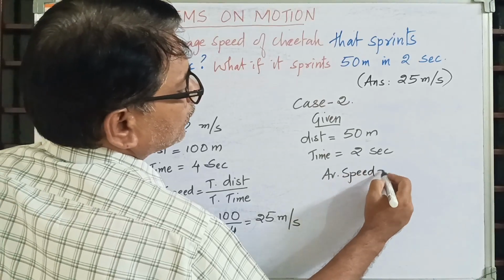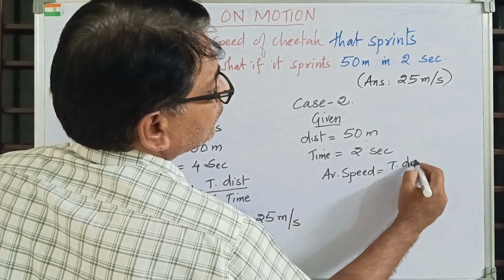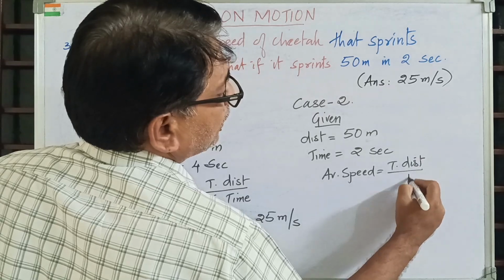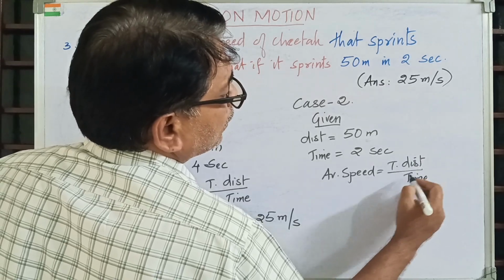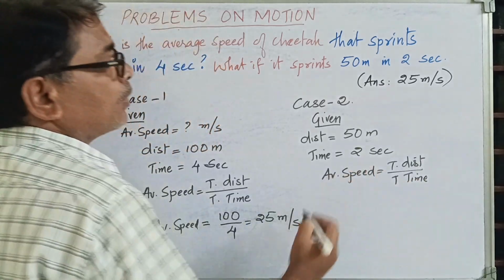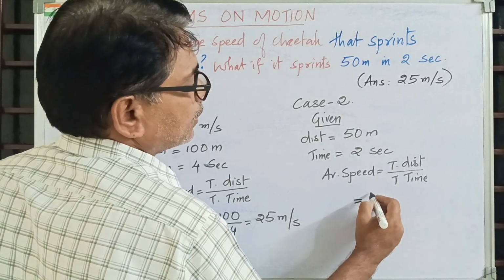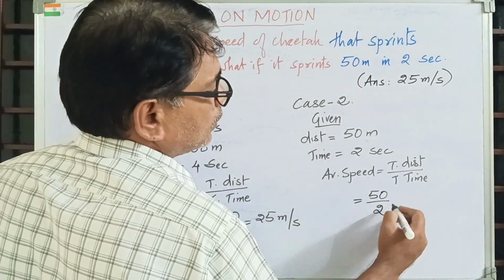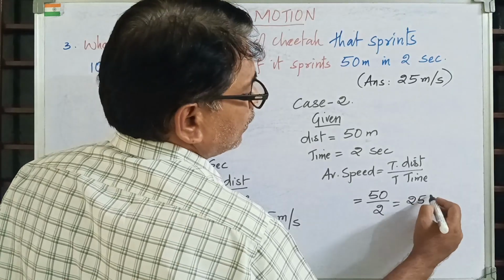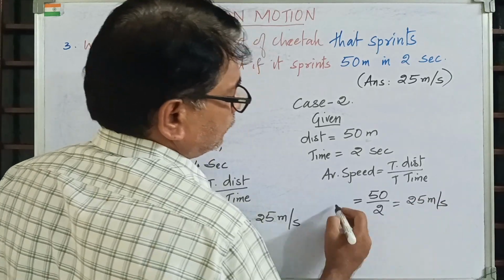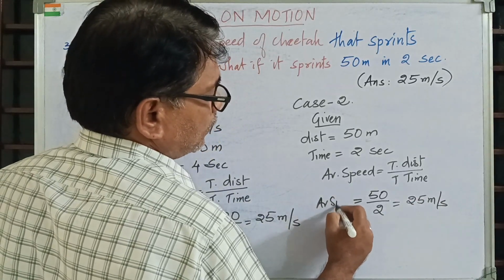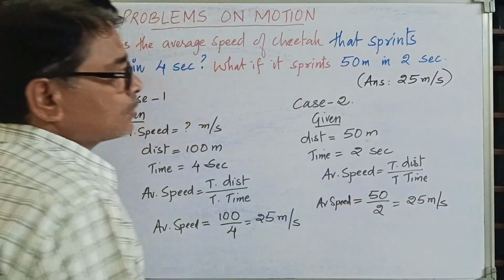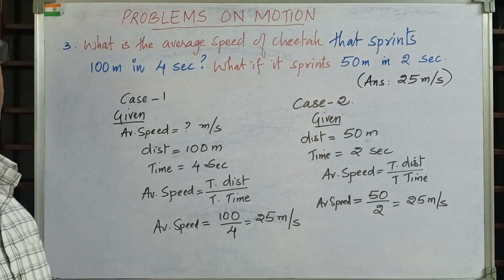Average speed is what? Total distance. Just now I told you speed is distance by time. When it is average, you have to write total. So what is the total distance here? 50. What is the time given? 2. So your answer is again 25 meter per second. Average speed. Yes, this is what problem number 3 is.